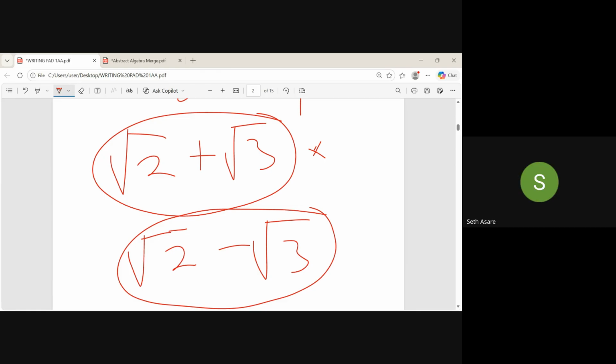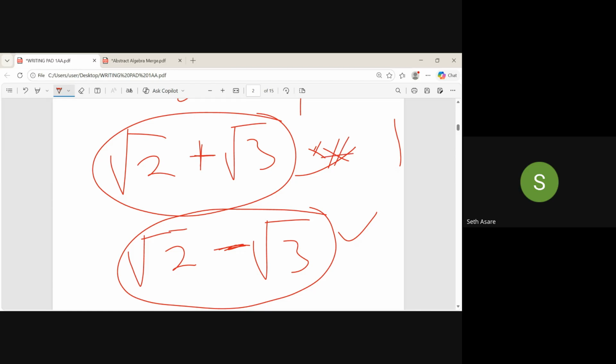Very well. We have root 2 plus root 3, and when the sign changes, it is the same thing but the sign has changed. So we are going to call this one the conjugate of the first one.